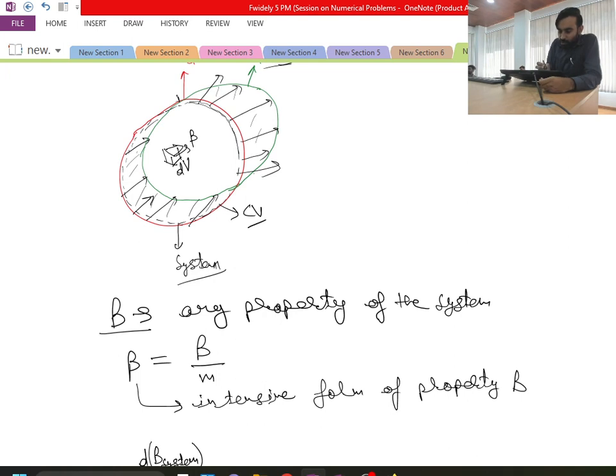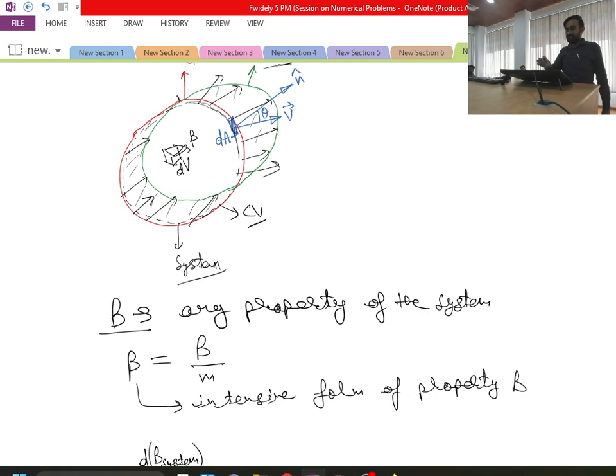To quantify that, let's consider a small element on the control surface whose area is dA, and its outward normal vector is n cap. Say V vector is the velocity vector at this control surface, and the angle between the unit normal vector and the V vector is theta.